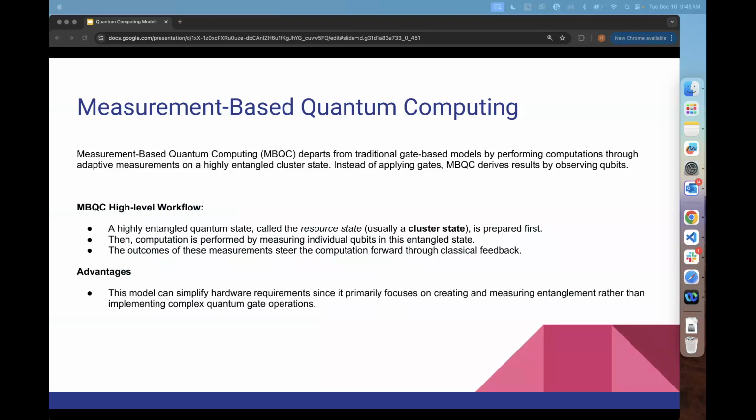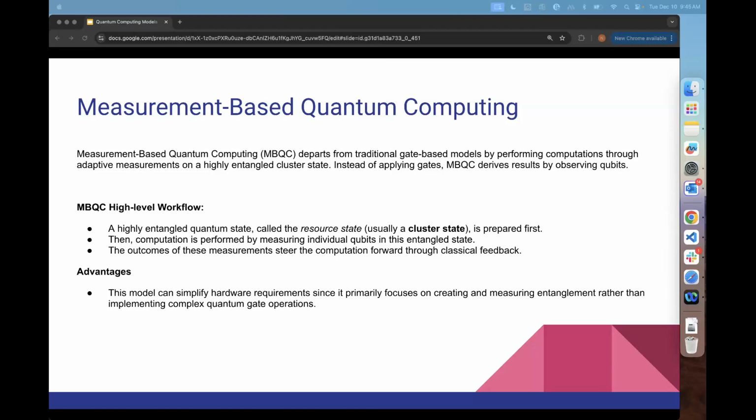Unlike the quantum circuit model, which heavily relies on gate operations, or adiabatic quantum computing, which revolves around optimization use cases, measurement-based quantum computing takes an entirely different approach. In measurement-based quantum computing, computations are driven by measurements taken from an entangled quantum state.